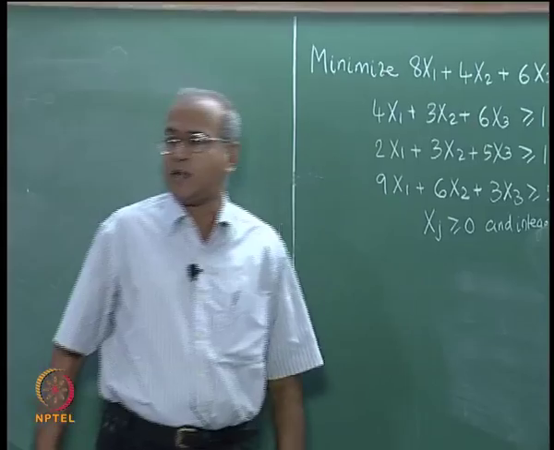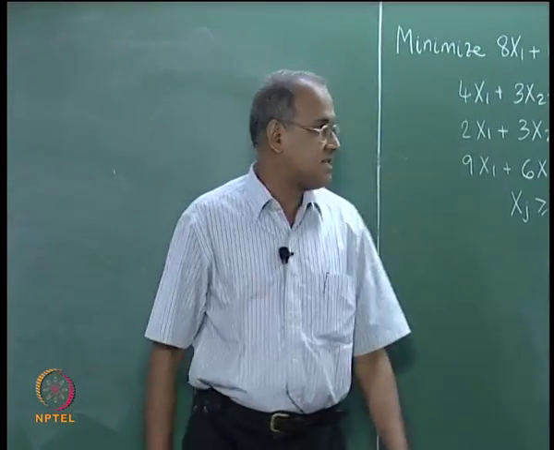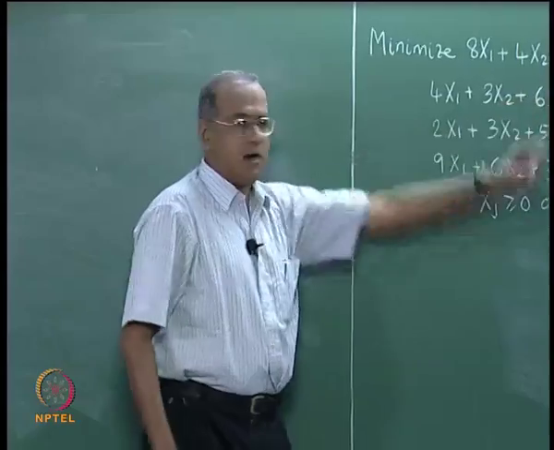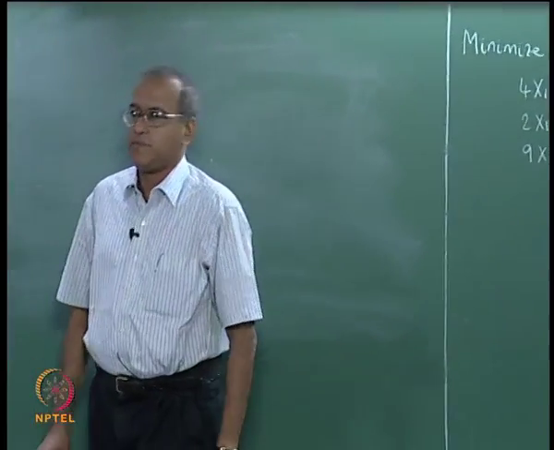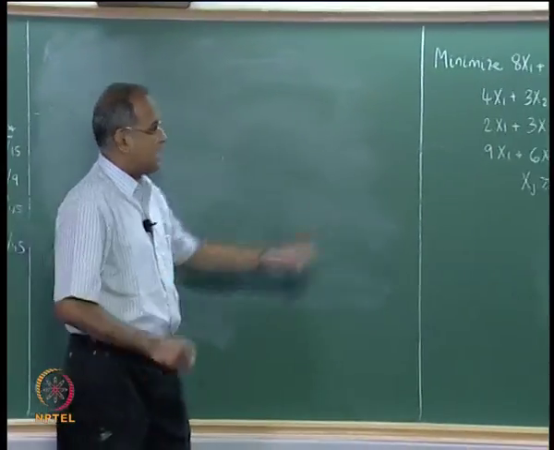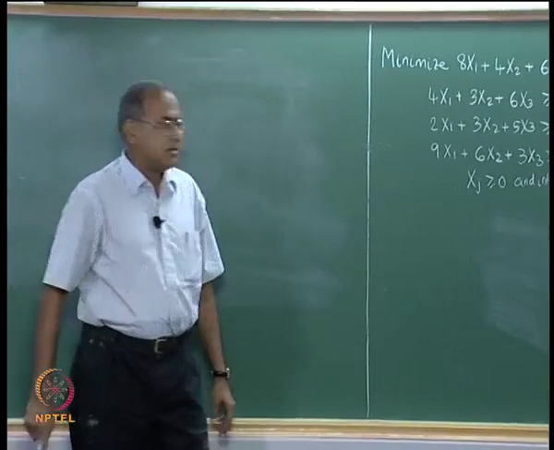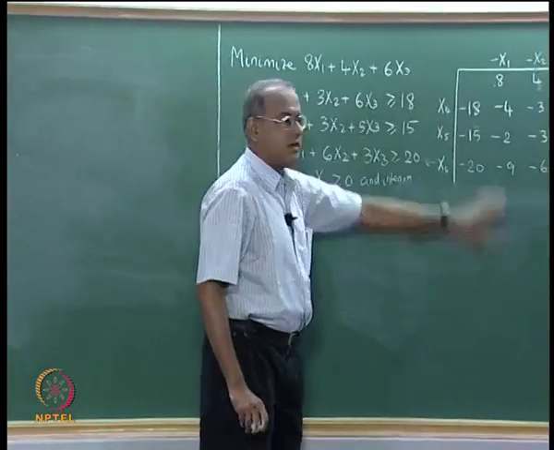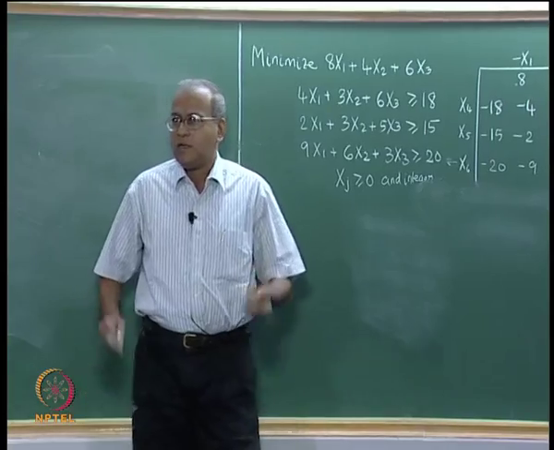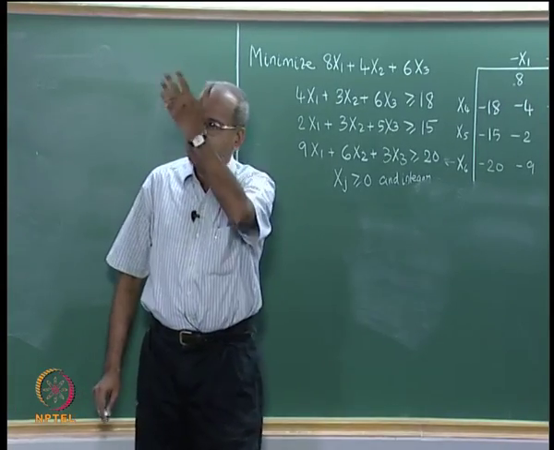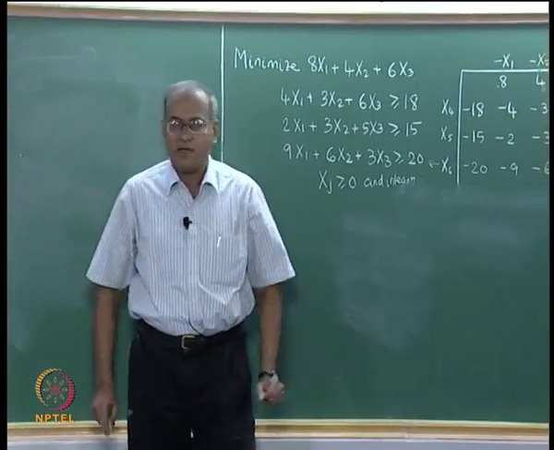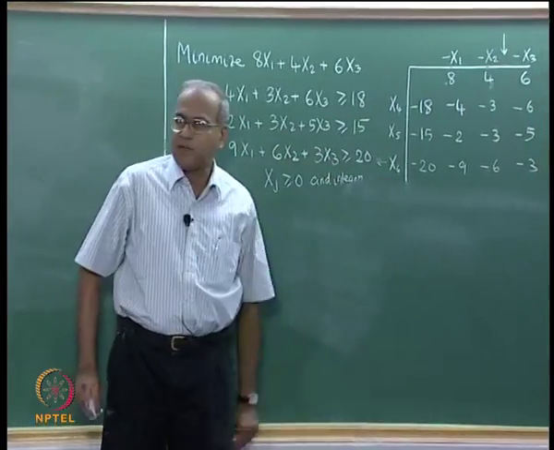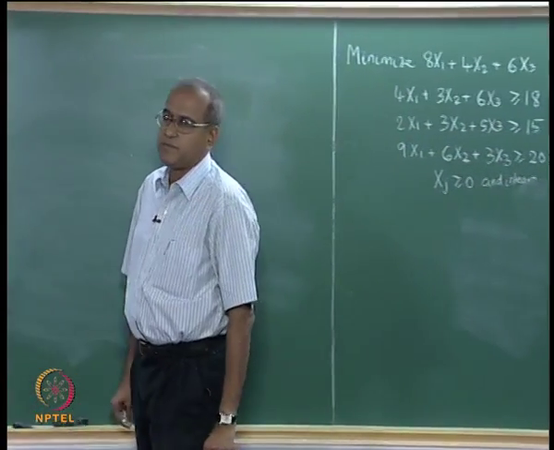Now what do we want? Right now the way this table is written in the all integer dual algorithm, this is a minimization problem with all positive coefficients, all constraints of the greater than or equal to type. So perfectly amenable for the all integer dual algorithm. A simplex table will give you a dual feasible and a primal infeasible solution, which is what is shown here. Primal is infeasible, dual is feasible.